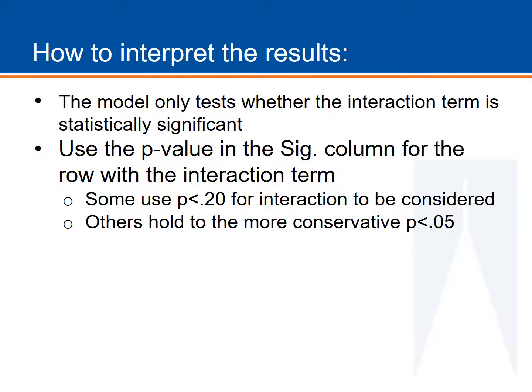The argument for a more lenient cutoff is when looking at the interaction, we are also concerned about the risk of missing a true interaction because of an overly strict p-value. The statistical significance tells us whether our findings could be related to chance. But if we have an interaction term with a p-value of 0.06 and the odds ratios are different in a meaningful way, we would be remiss to ignore this result.